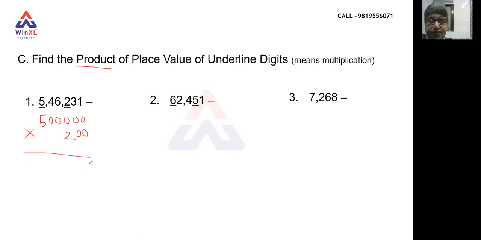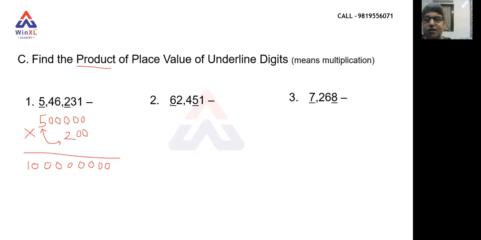So we write here 7 zeros. And we just multiply the remaining two numbers. 5 times 2 is 10. This is our answer.